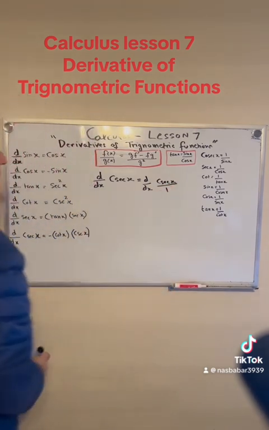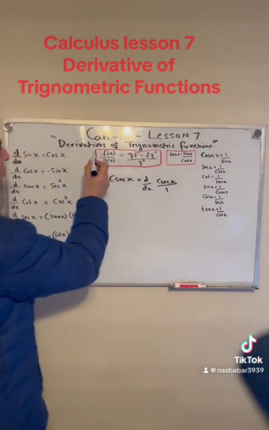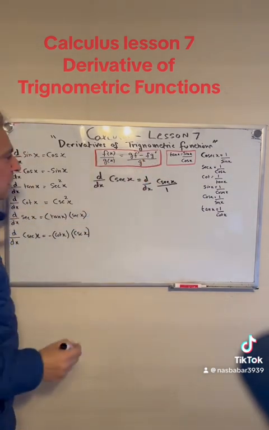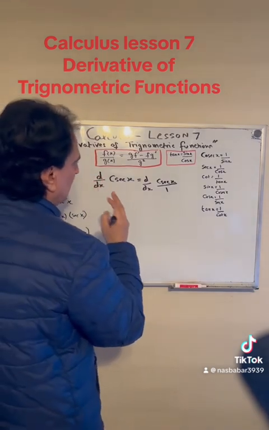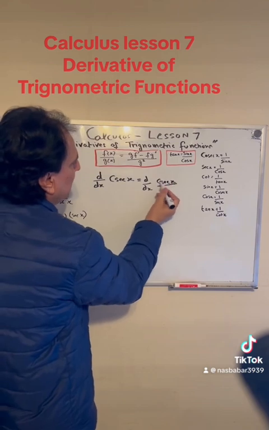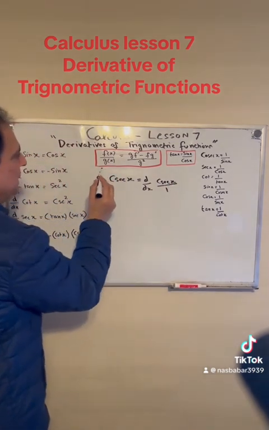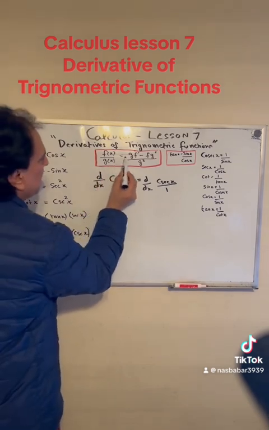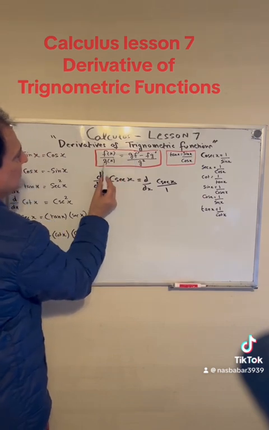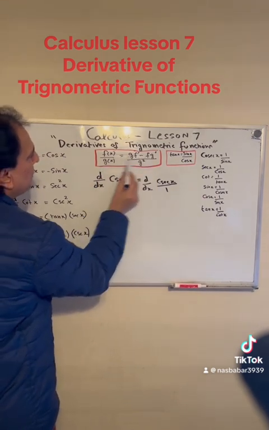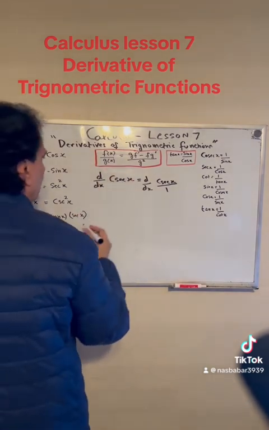If you recall from my last lecture, I still have this formula right here. When you have two functions, like in this case, you can take the derivative like this: g times f prime minus f times g prime over g squared.